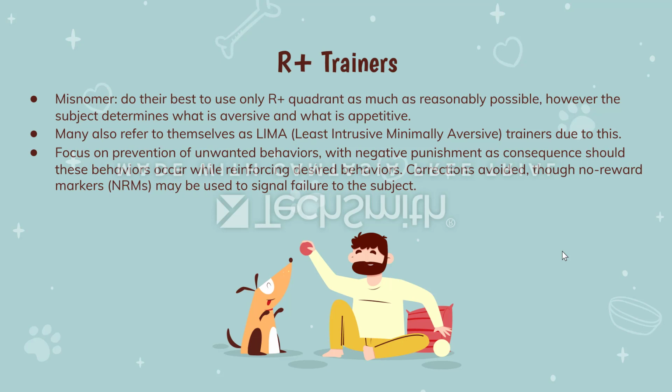I do think no reward markers can be aversive, because if we are relying on no reward markers rather than setting dogs up for success better, then it can lead to a large amount of frustration. And I would say that that's probably not the most common thing.